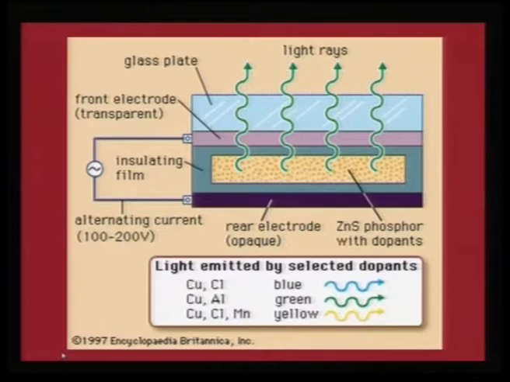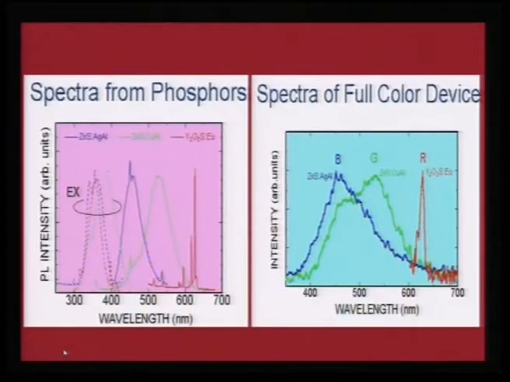This is how the current induced photoluminescence occurs in a typical phosphor, where depending on the dopant and co-dopant, you can actually get the light output from the displays, and the spectra from the phosphors actually look like this.